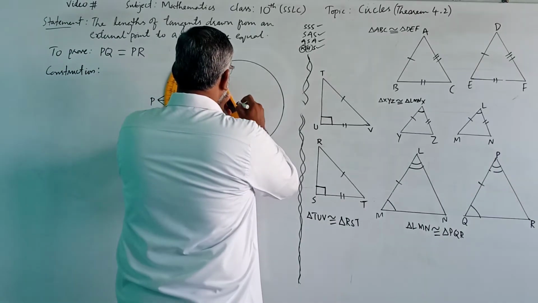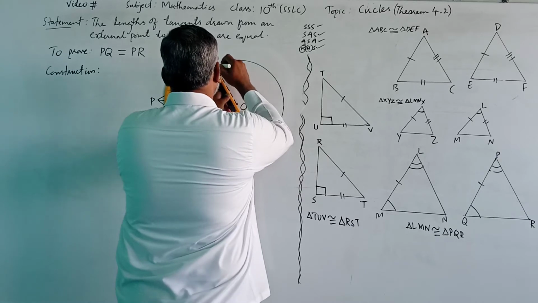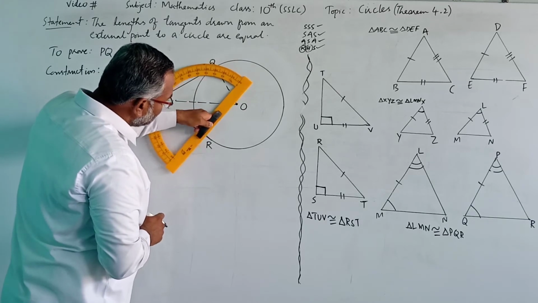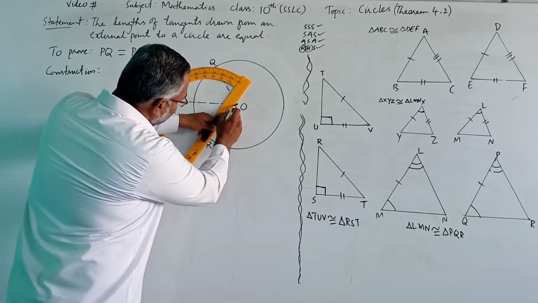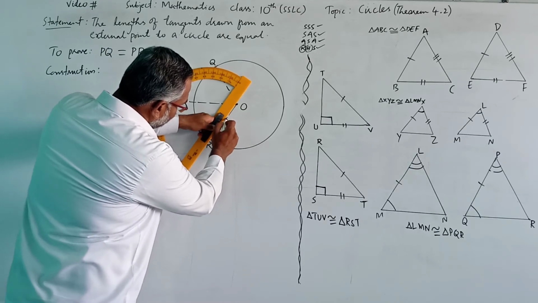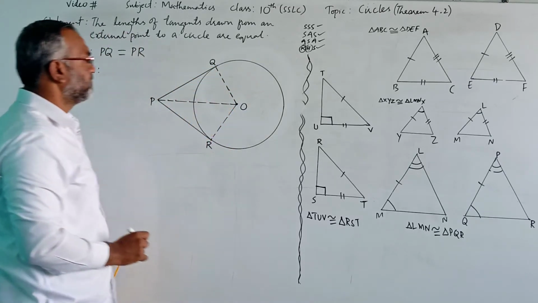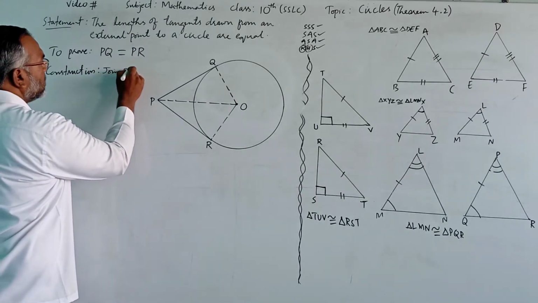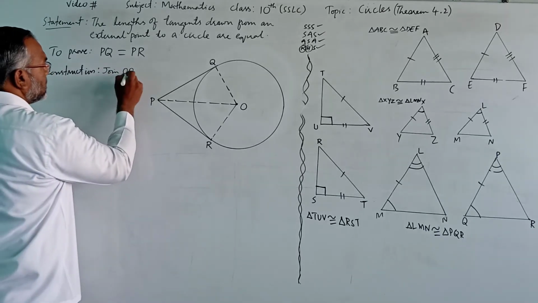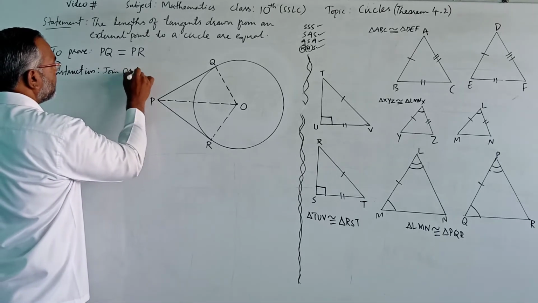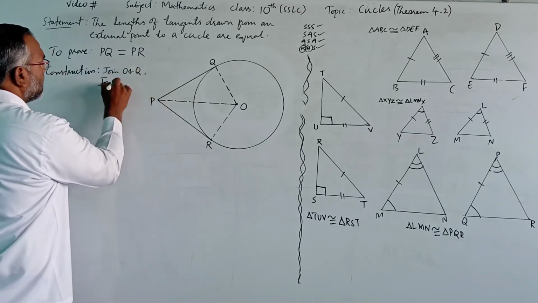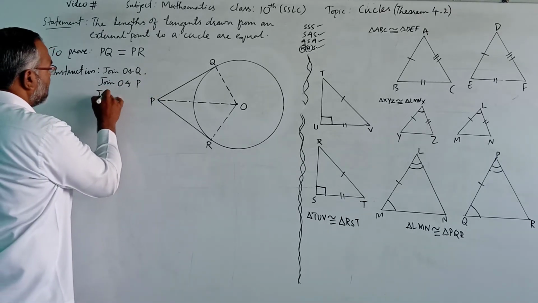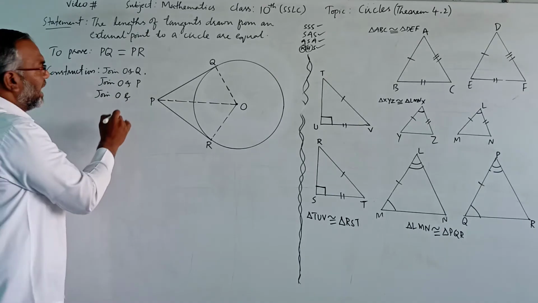Join point Q with O. And also join point R and O. What did we do? Join O and Q, O and P, points O and P, and join point O and R.